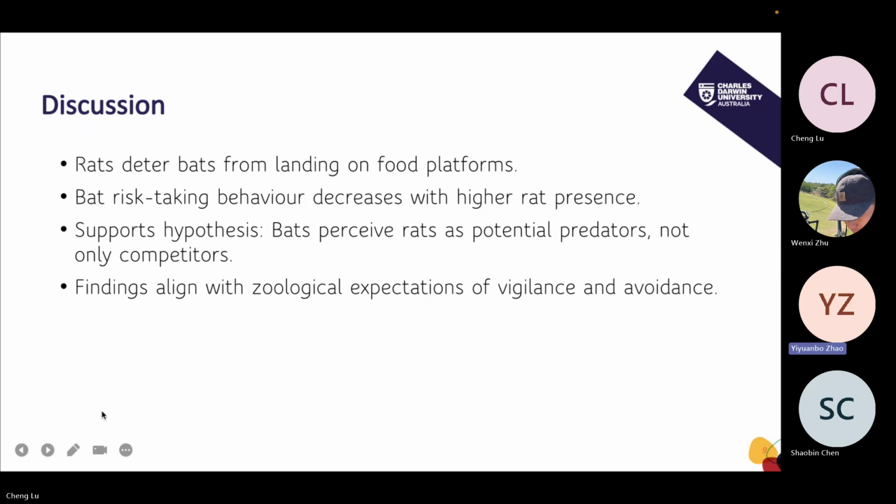They may accept the higher danger to access food, which explains the greater spread we see in the data. Together, these patterns suggest the rats are not only competitors, they act like a predator-type threat, reducing overall activity but also triggering riskier strategies in a few bats.